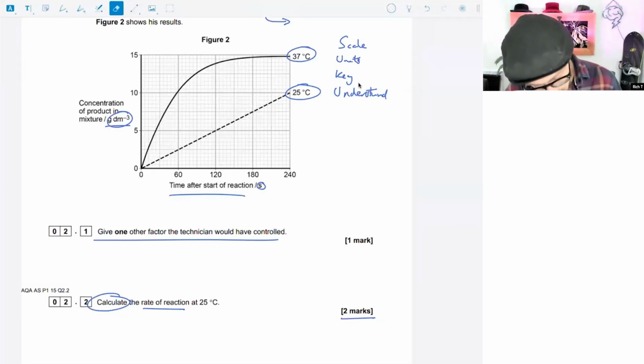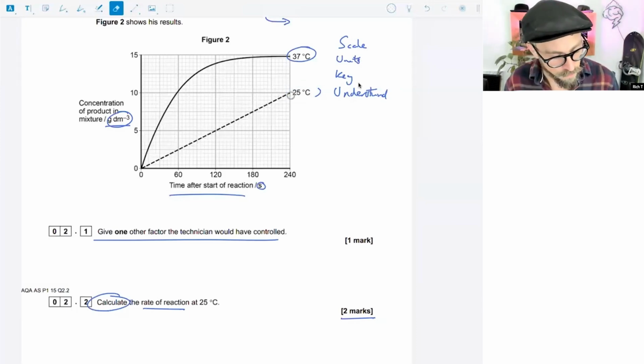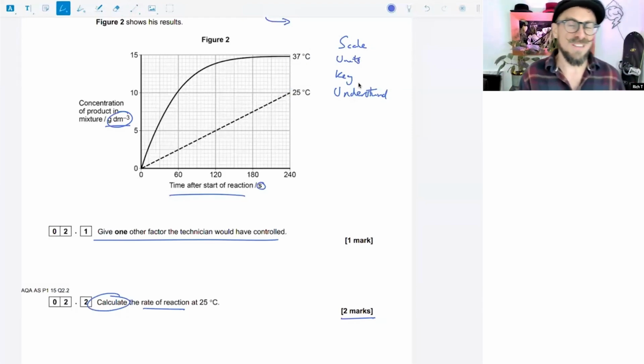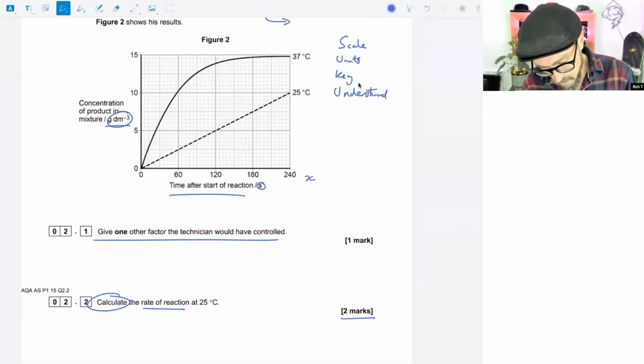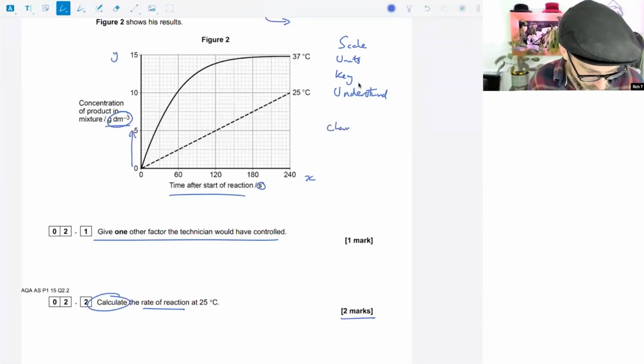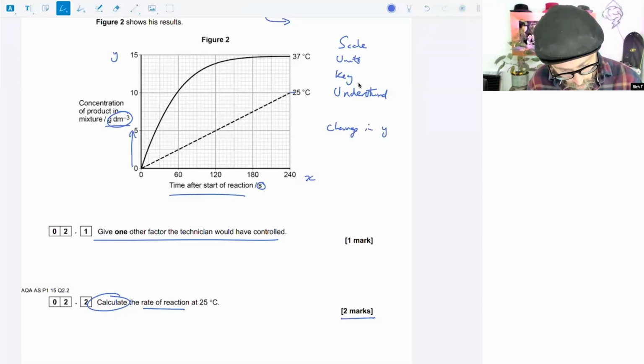Okay, so because it's a straight line, can anyone tell me the formula for calculating the rate of reaction from a graph if it's a straight line graph? Assuming it's a straight line graph. Exactly, so we've got the change in the y-axis, which is this one here. So change in y, that means how much has changed from here to here.